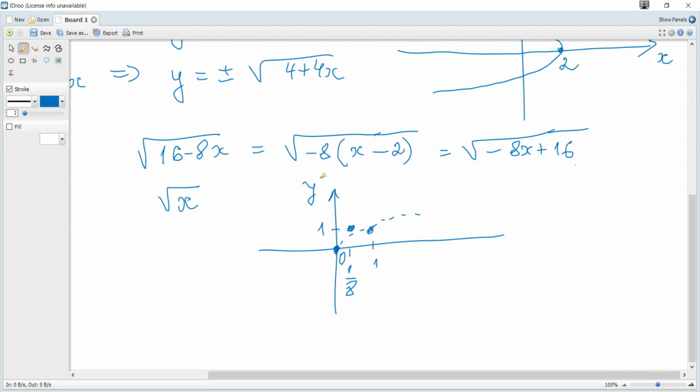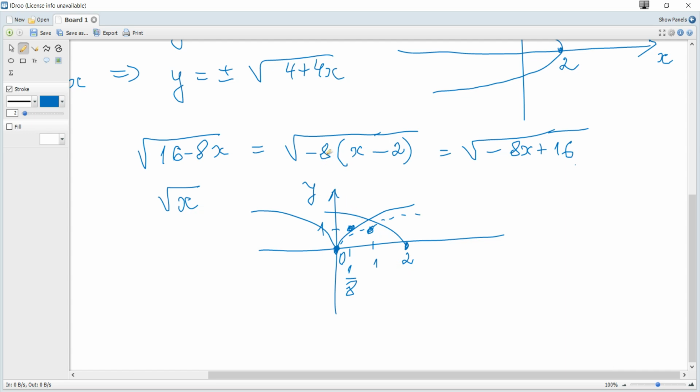Then, according to this minus, reflection about the y-axis, and then a horizontal translation 2 units to the right. And you can see we get the x-axis intercept at x is 2.